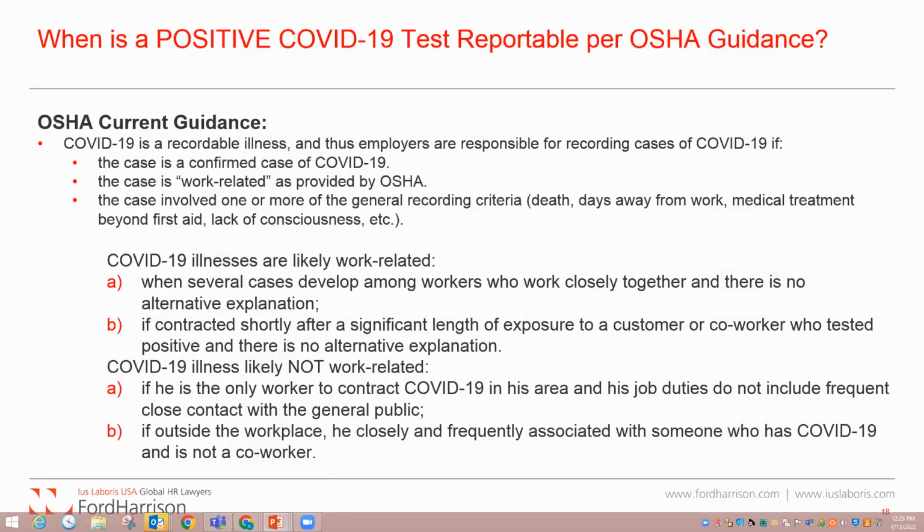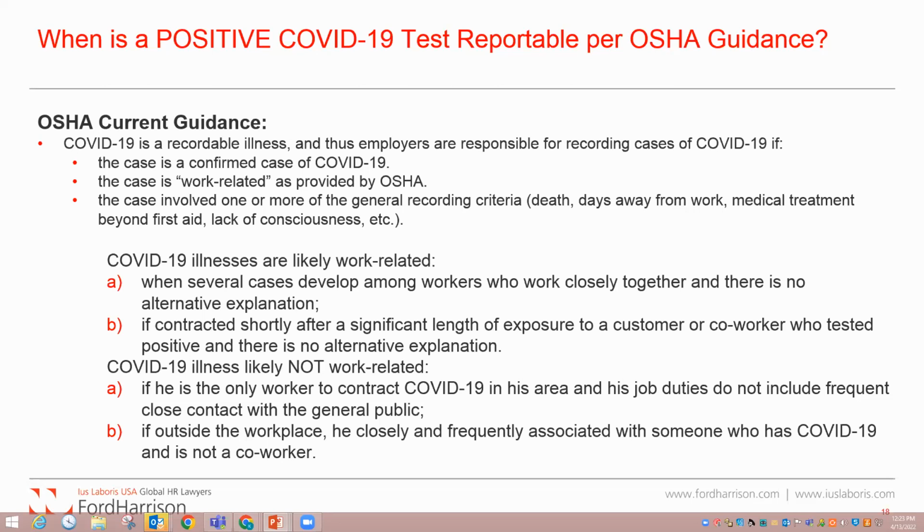And also then OSHA did address a while ago, I don't recall exactly when it was published, when a COVID-19 case in your workplace is going to be something that has to be recorded on your OSHA 300 log. And the guidance is, it makes sense that COVID-19 illness in the workplace, you have a worker who tests positive for COVID-19.